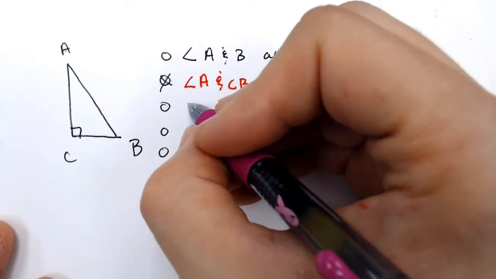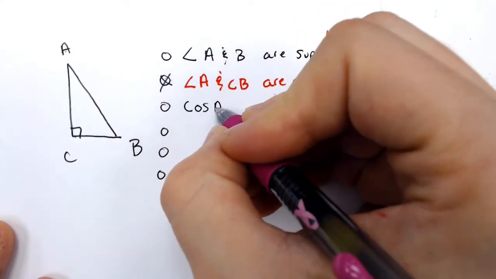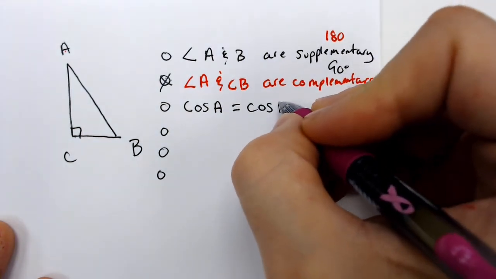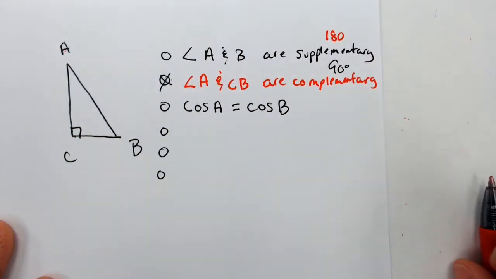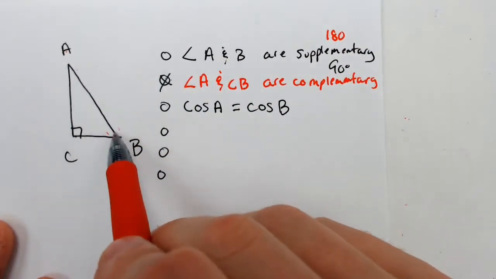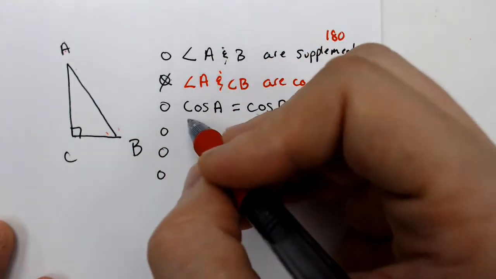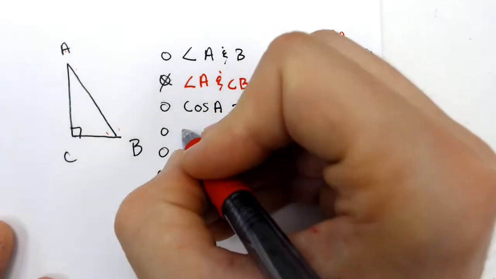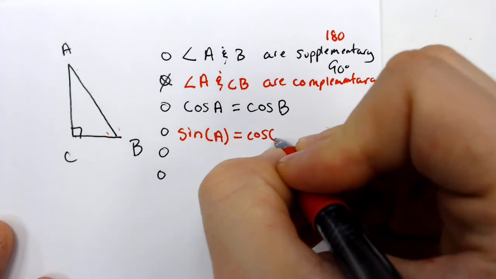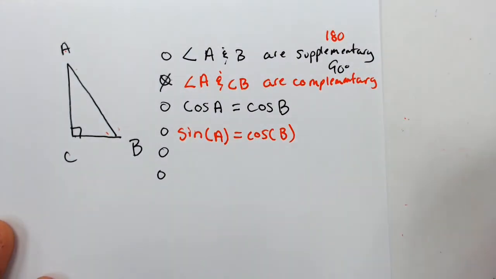What about if I said cos of angle A is equal to cos of angle B? And the answer to that is no. The only way that would be true is if both A and B were the same angle. So that's not going to work. However, if I said sine of angle A is equal to cos of angle B, that would work.